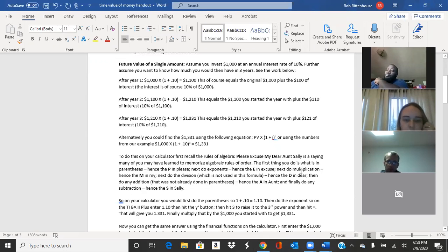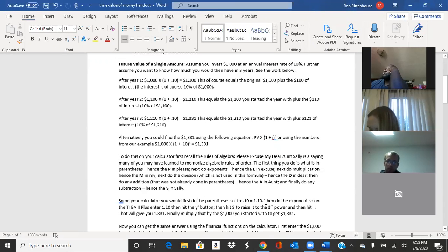Next, do multiplication. Multiply it by 1,000. Next, do division. Actually, for division and multiplication, it does not matter which order you use. And then Aunt Sally, addition and subtraction would be the last 2 things that you do.